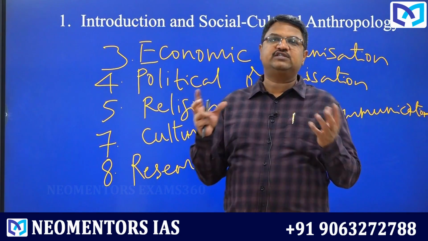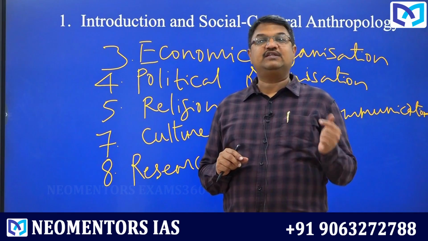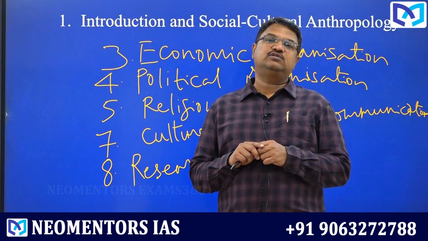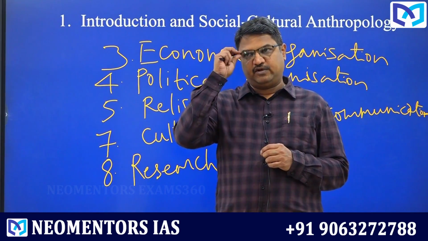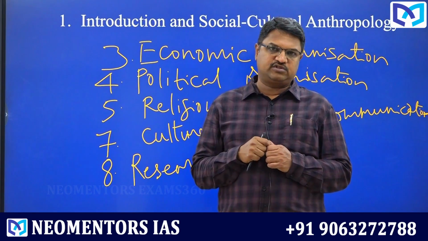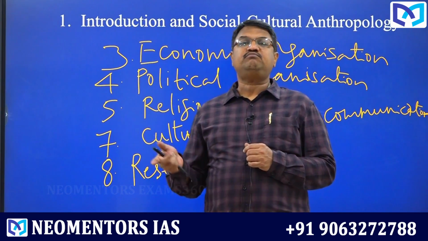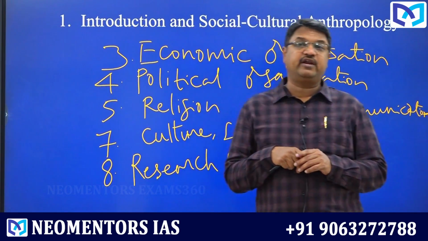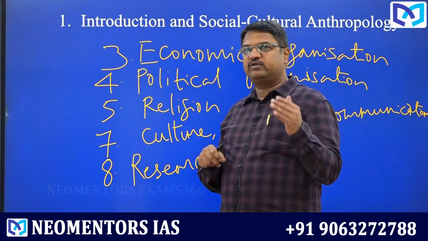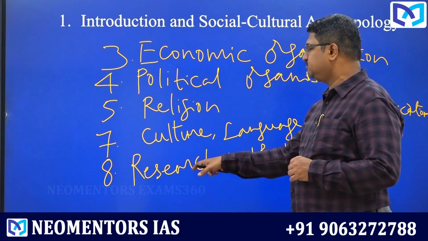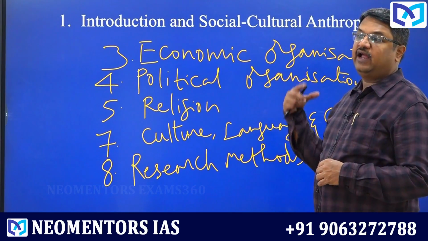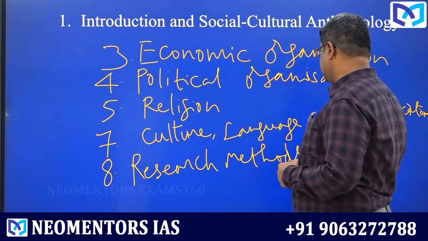This is also called an integrated approach. The anthropological approach itself is integrated. One of the pioneering scholars, Malinowski, pioneered this method called the integrated approach. We will talk about that in this topic, research methods and fieldwork, and elsewhere in the syllabus.